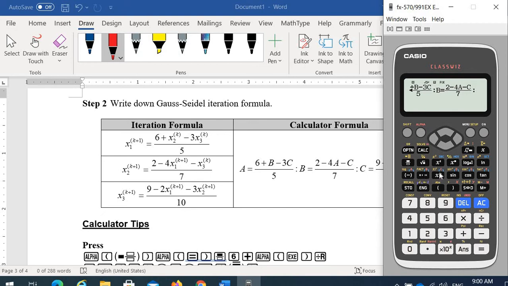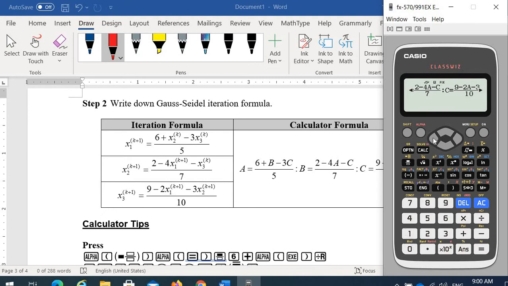Alpha C alpha equal, okay, here have 9 minus 2 alpha A, okay, x1 is A, x2 is B, so minus 3 alpha B divided by 10.